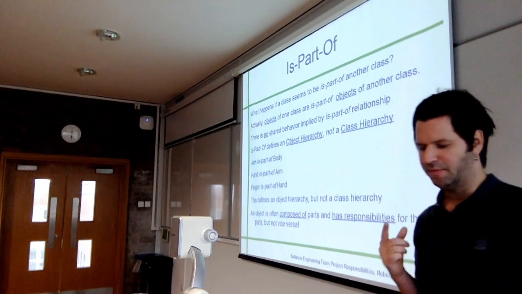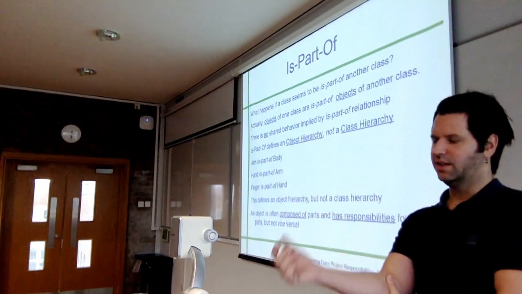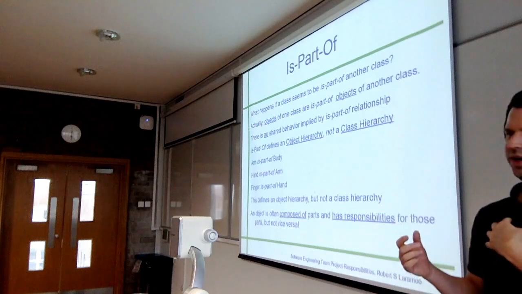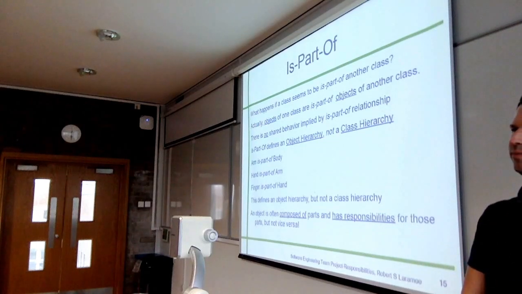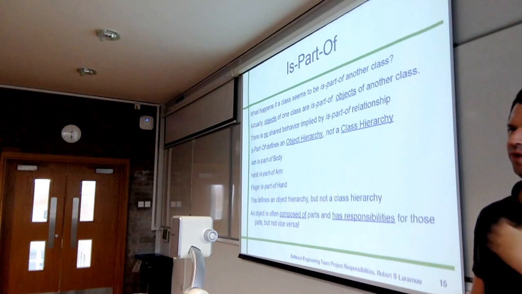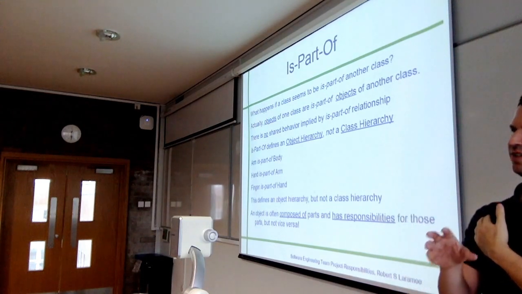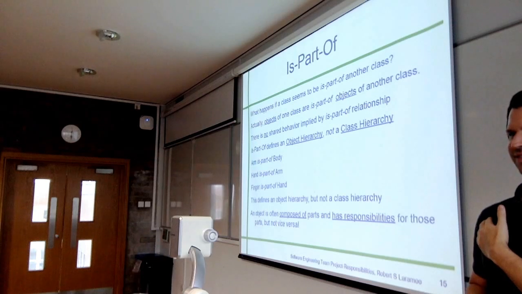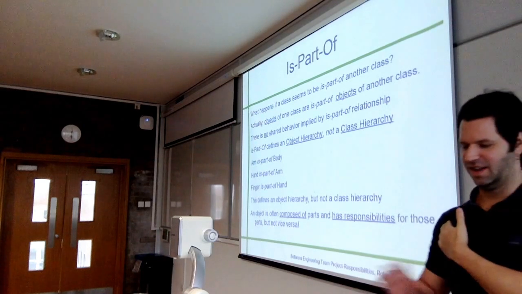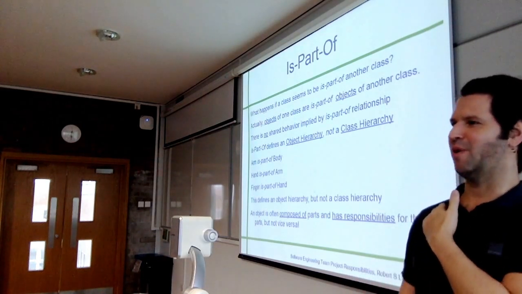That means my body knows about my arm, but the arm doesn't have to know about the body. The body controls the arm, but the arm doesn't control the body. I can chop off my arm and attach it to someone else's body, so the arm doesn't have to know about the body.